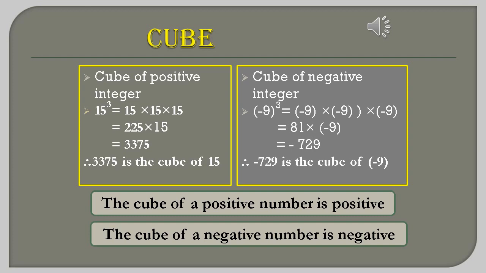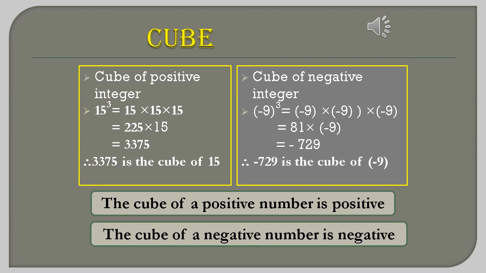Also say which number is the cube of which other number. When we multiply 15 3 times itself, we will get 225 multiplied by 15, which is equals to 3375. Therefore, 3375 is the cube of 15.